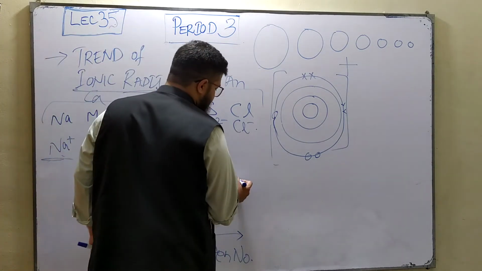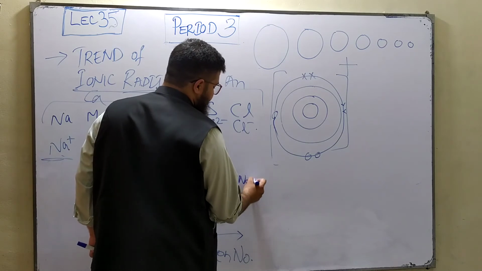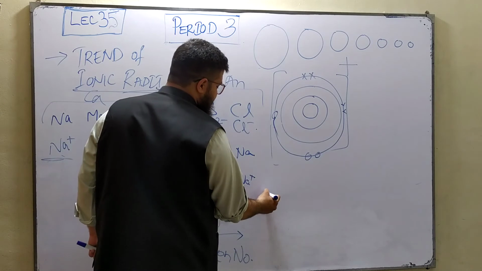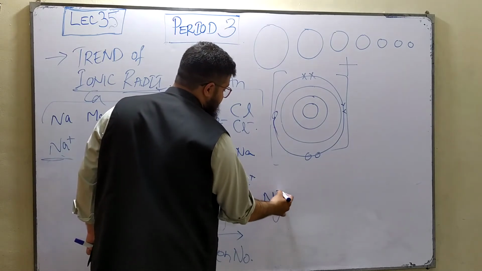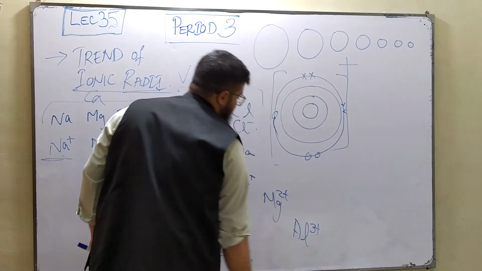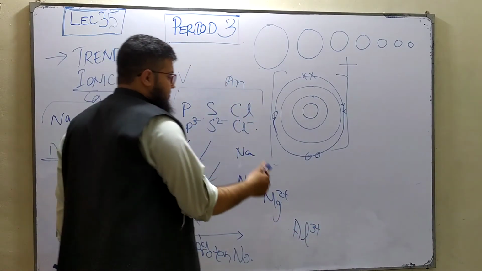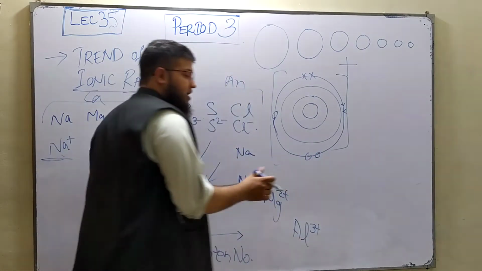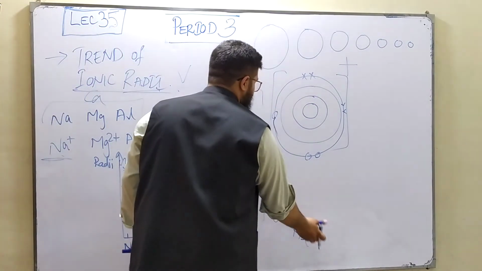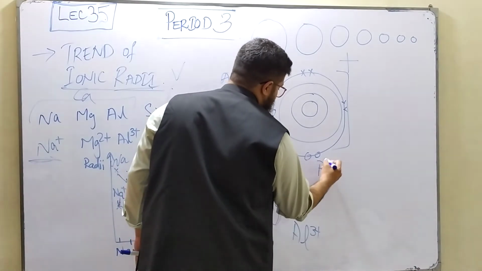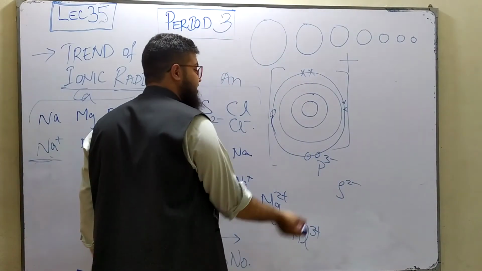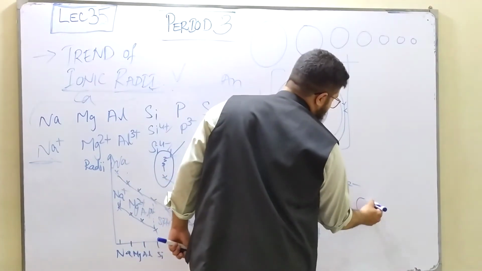Just a quick recap: the sodium ion is going to be less than the sodium atom. Then comes the magnesium ion, which is even smaller than sodium, and then aluminum is smaller. Let's forget about silicon because it has dual characteristics. After aluminum comes the phosphide ion, then the sulfide ion, which has a smaller radius than phosphide, and then the chloride ion.